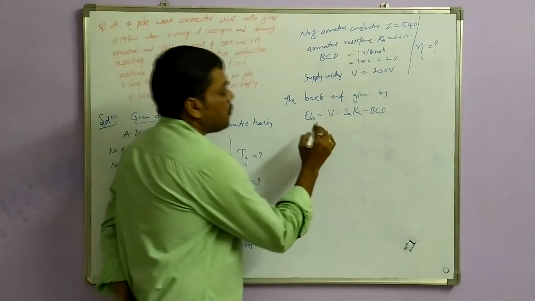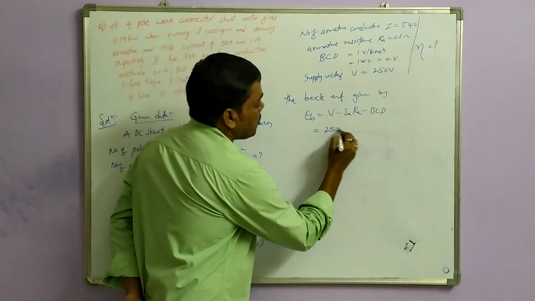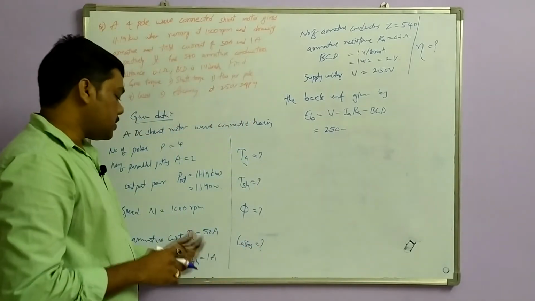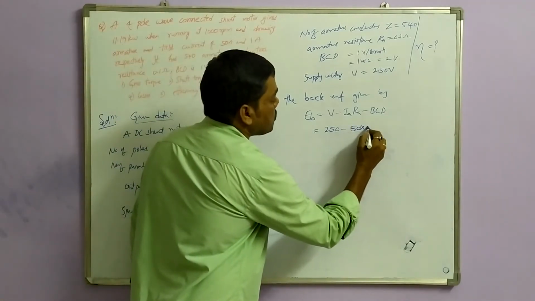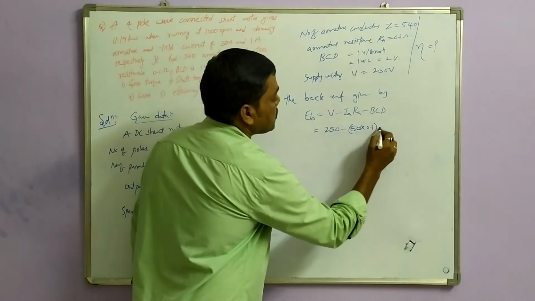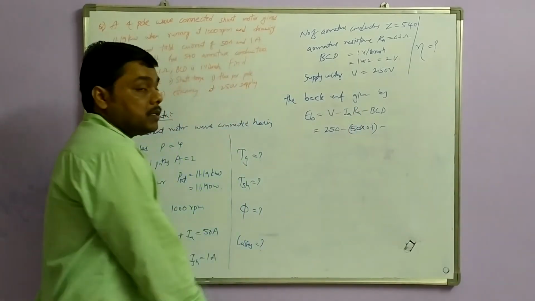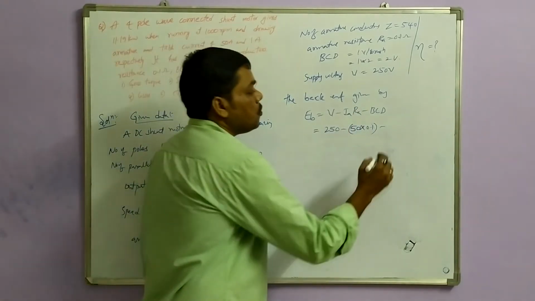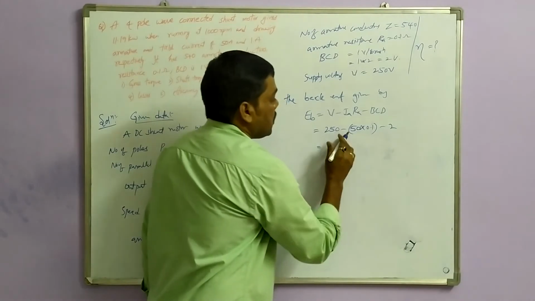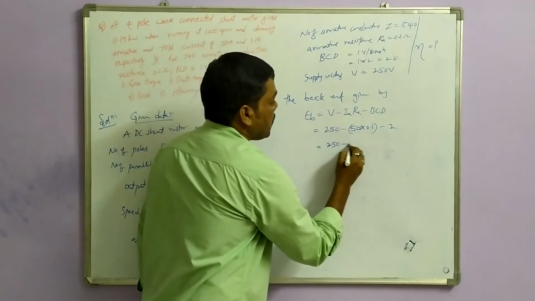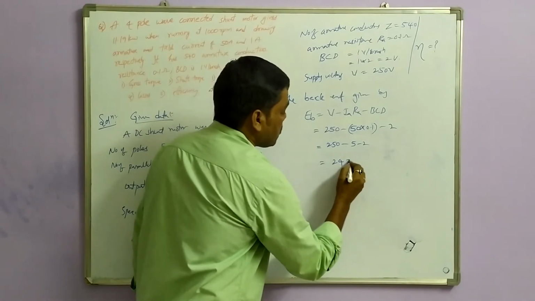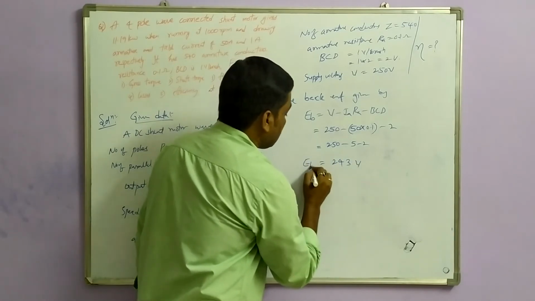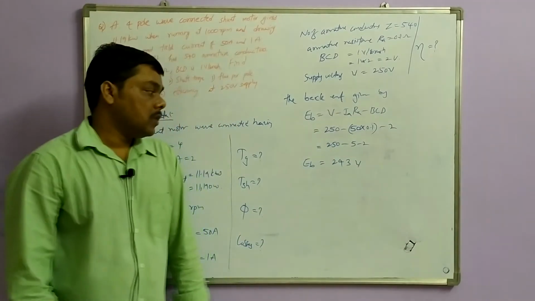Substituting, 250 minus 50 into 0.1, and BCD is 2 volts. So 250 minus 5 minus 2 gives 243 volts as the back EMF.